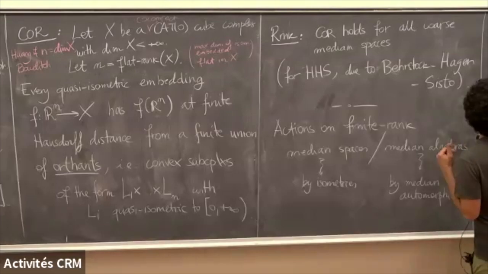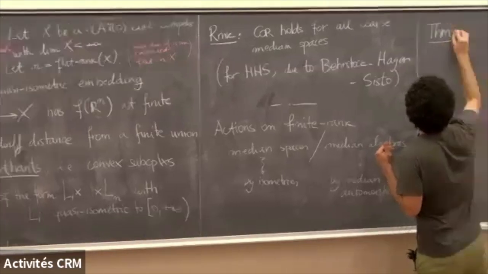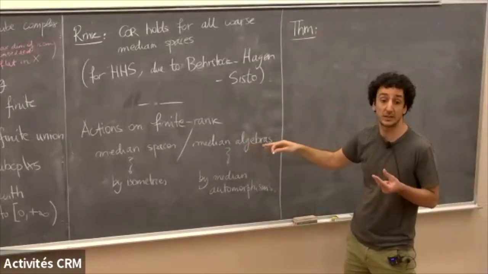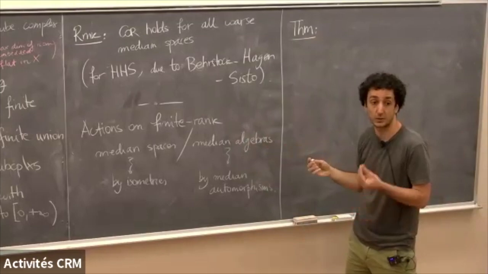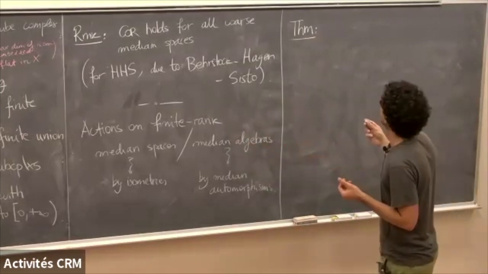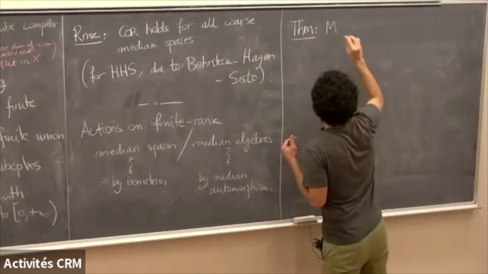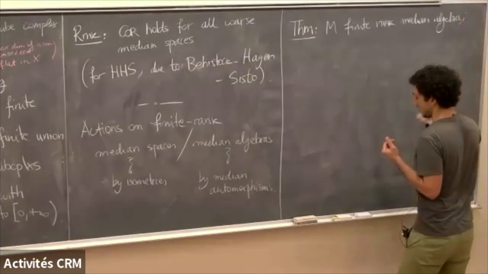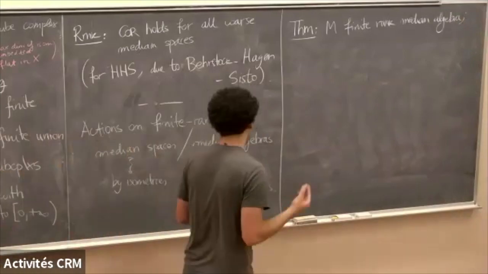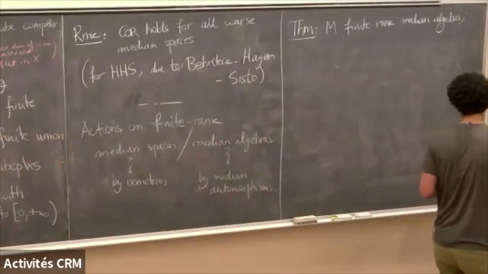So the first thing I want to mention is that even automorphisms of median algebras are semi-simple, right? So either they fix a point or there is an axis. Okay, so let M be a finite rank median algebra. Say that you have an automorphism g of the median algebra, and if you know a bit about cube complexes, you'll have seen this.